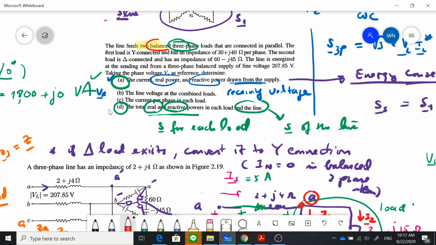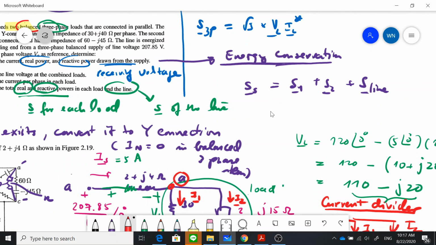Question D asks you to find the total real and reactive power in each load and the line. So as I said earlier, we need to see S1, S2, and S3. Remember, S1, S2, and S3 must be in three-phase quantity, and the sum of the three powers must be exactly the same as SS.